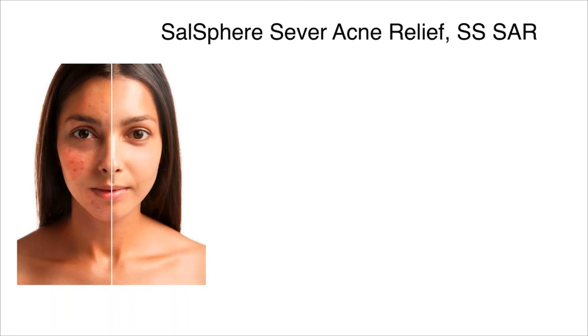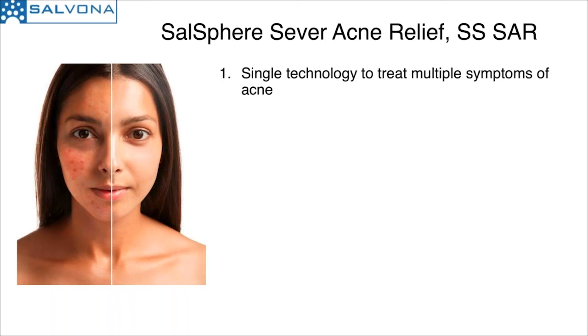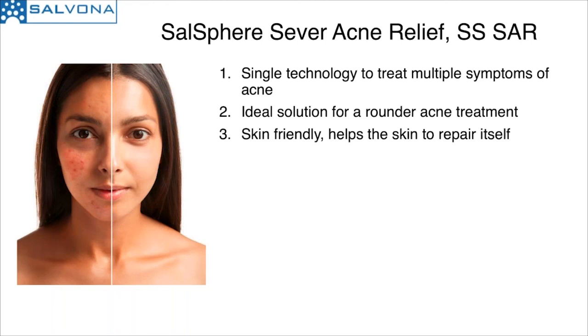Let's summarize. SalSphere Severe Acne Relief is a unique technology. It's a single technology to treat multiple symptoms of acne. It's an ideal solution for a rounder acne treatment. It's skin-friendly. It helps the skin to repair itself.